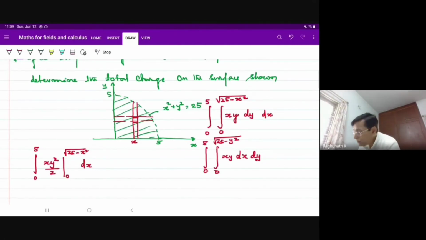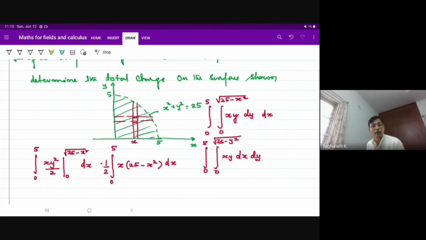What is this value now? It is equal to integral 0 to 5, 1 by 2 x into 25 minus x squared dx.